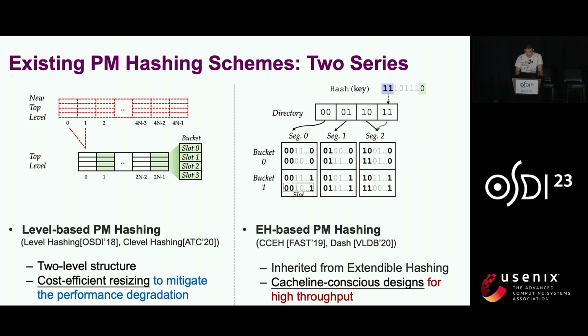This is to say, when a segment is full, they will allocate a new segment and rehash all the key items in the original segment and move half of them into the new segment. Moreover, they proposed cache line conscious designs to achieve a higher throughput, such as aligning the bucket to the cache line size to access the bucket efficiently.